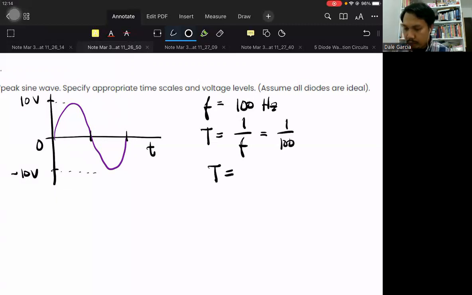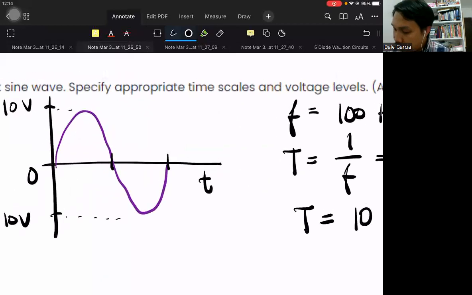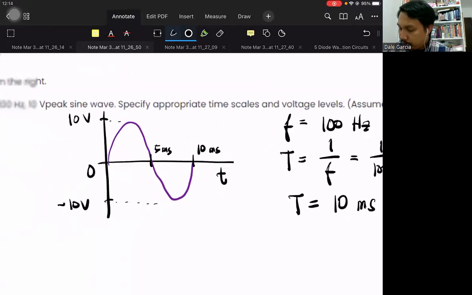Meaning 1 period of a sine wave is equal to 10 milliseconds. Again, 1 divided by 100. Okay, 10 milliseconds. So supposed to be, if dunganan na ni og time scale, this is the 10 milliseconds, and this is the 5 milliseconds. So if wala nyo na answer, sige lang, no? Walay problema.